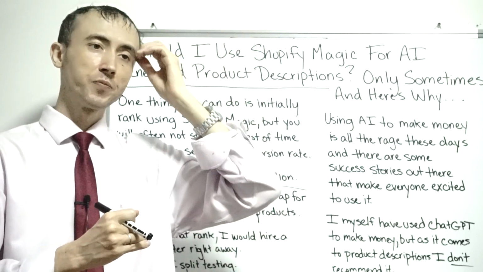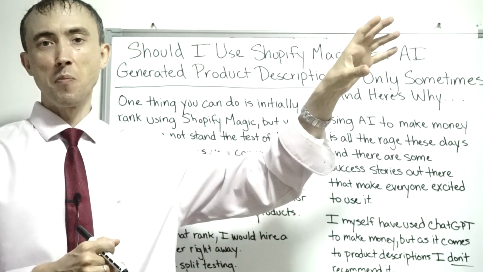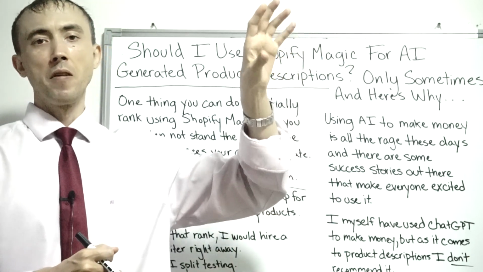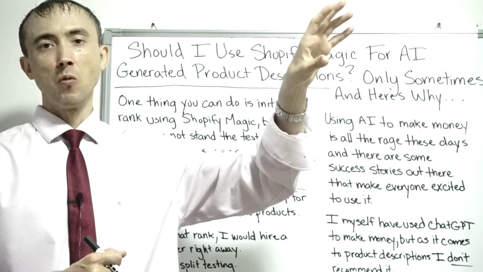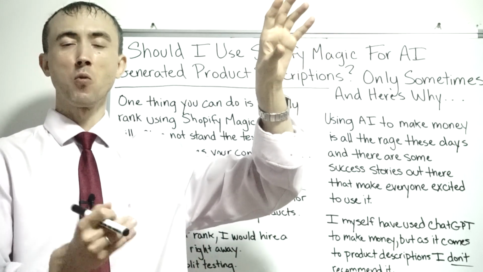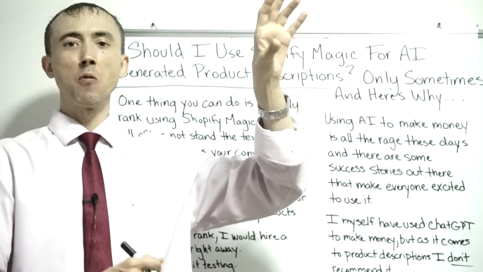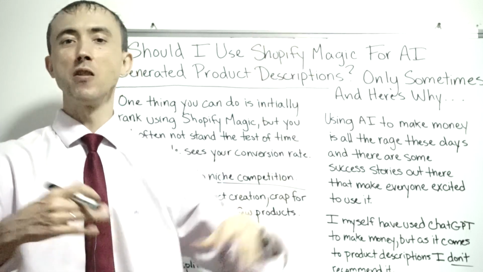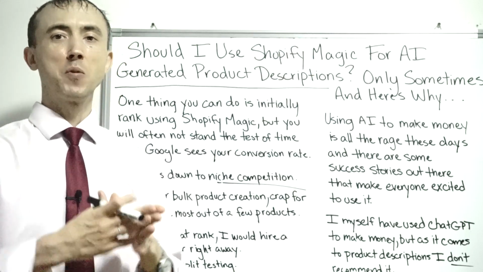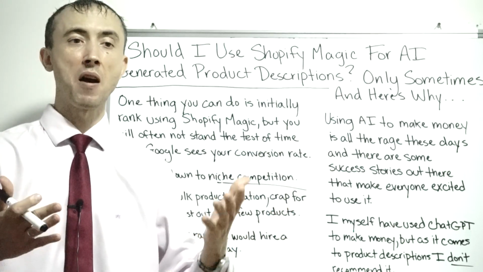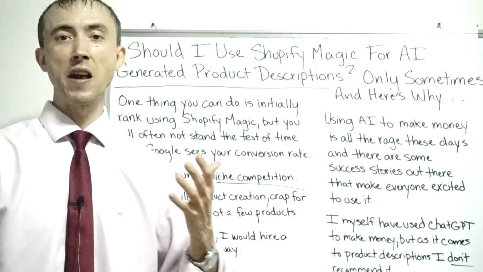So in other words, if we find out that the product image with a colored background works better than a white background, once you find that out, the description that would have worked with the white background won't be the same thing that would have worked with the colored background. I know that seems hard to believe, but that's kind of the gist of how things work when you talk about making a page convert better and split testing.